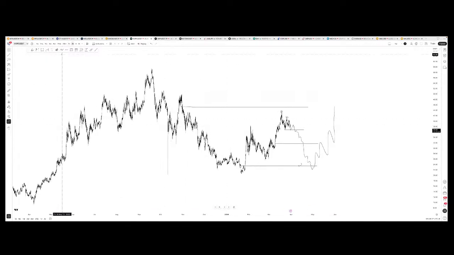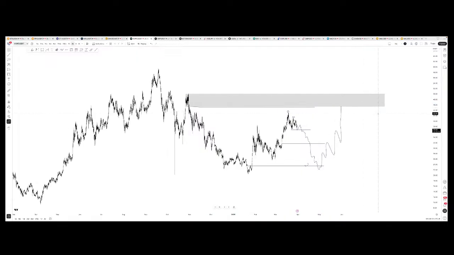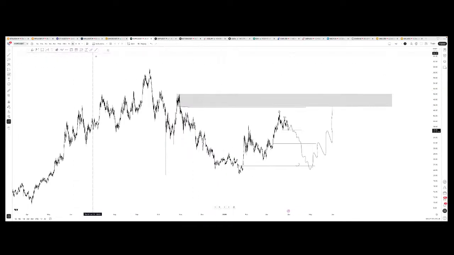You can see there is a good order block in this area, right? The price respected the previous order block, which was around here. So you can expect the next order block to be respected. In case it's not, then the next POI is at 52.